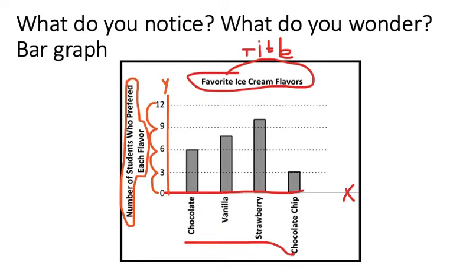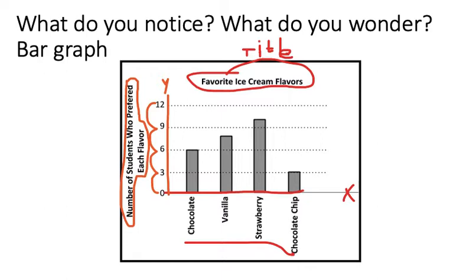Now let's take a look. Something that I'm a little bit curious about. I wonder how many vanillas there are, because vanilla doesn't actually land on a number. So I wonder how many students prefer vanilla.